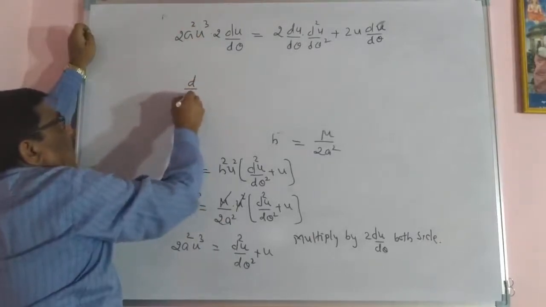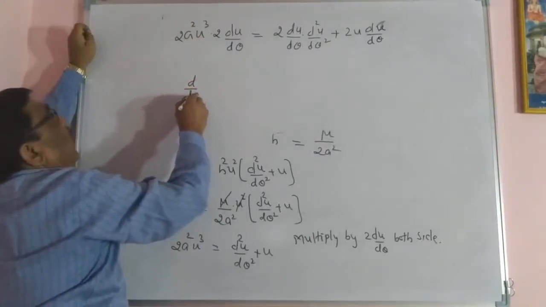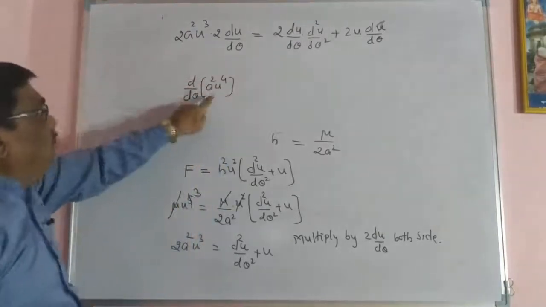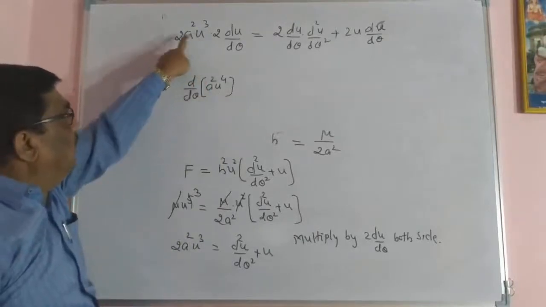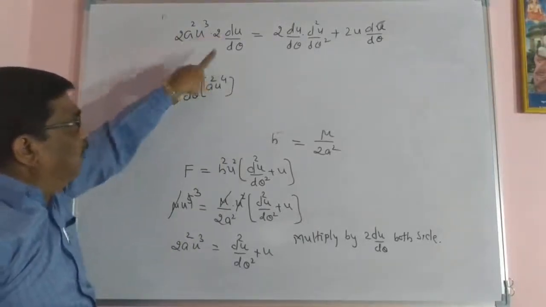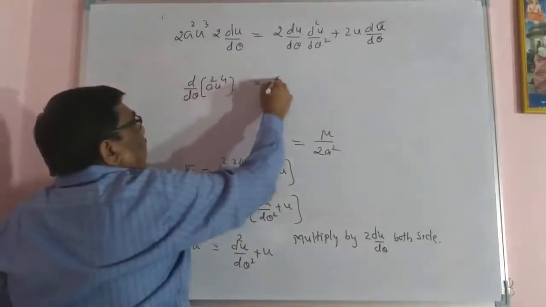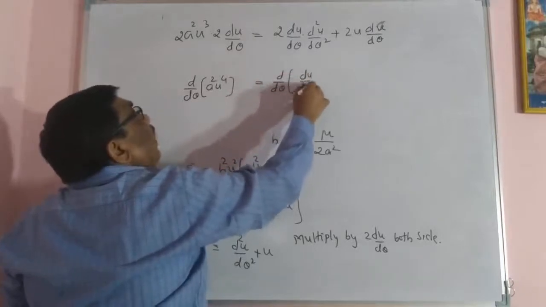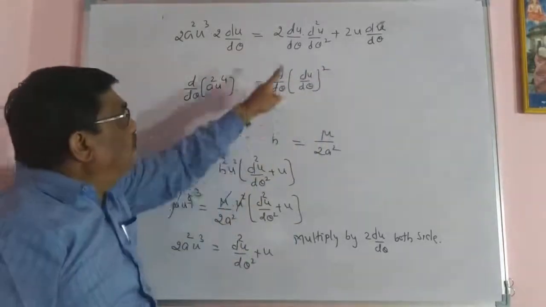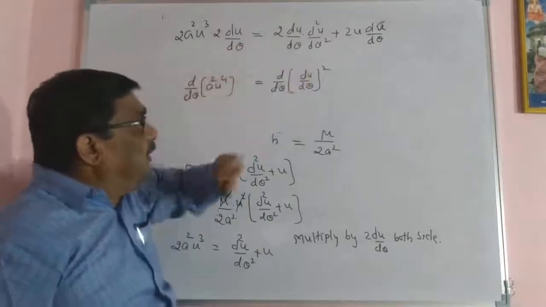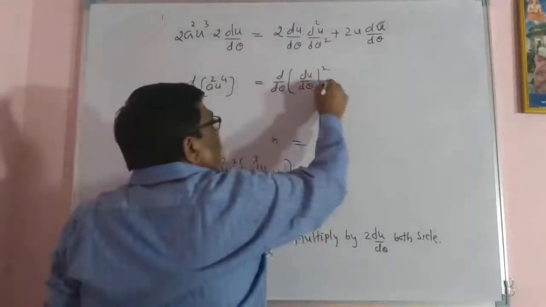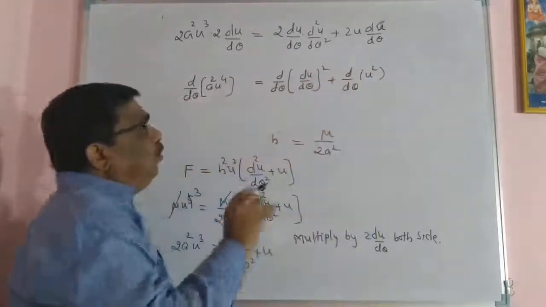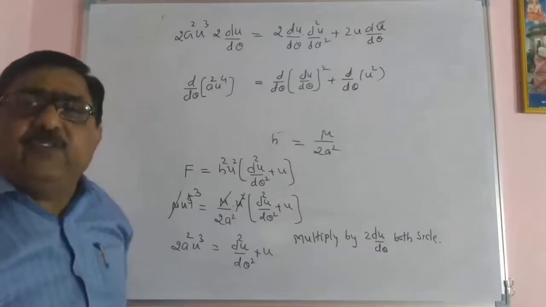This is nothing but the differentiation d by d theta of a square u raised to 4. A square is common, u raised to 4 differentiation is 4u cube into du by d theta. This is again d by d theta of du by d theta whole square. See, du by d theta whole square differentiates to 2 du by d theta into d square u by d theta square. Here also it is d by d theta of u square, 2u du by d theta. This is very easy to integrate.